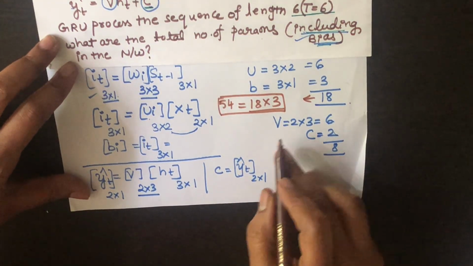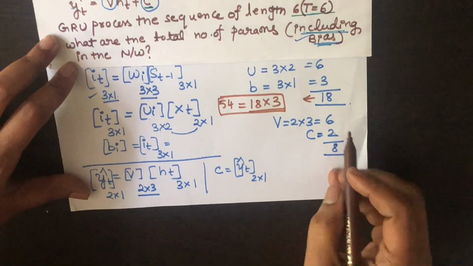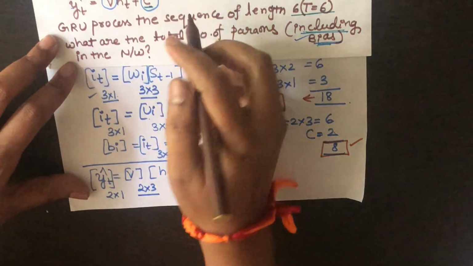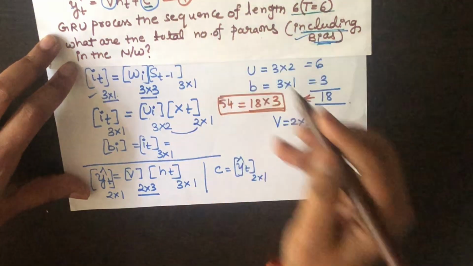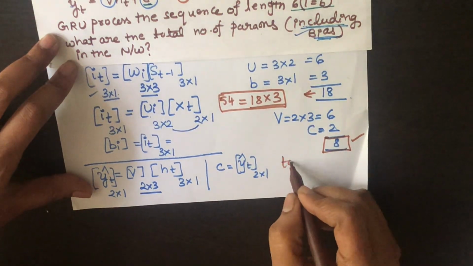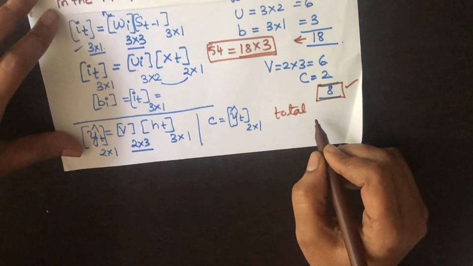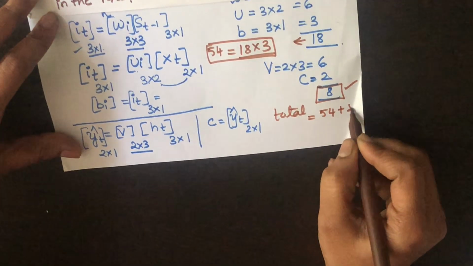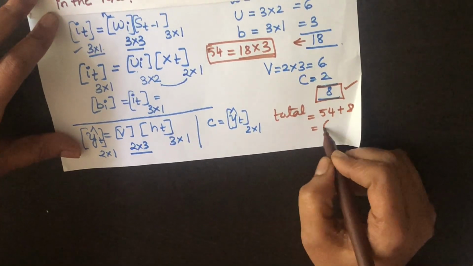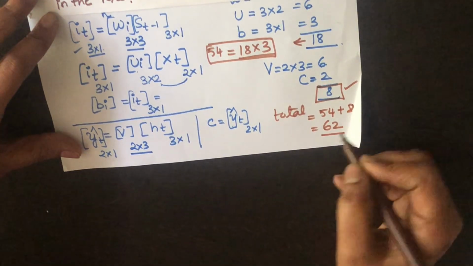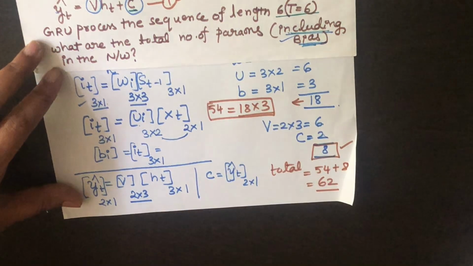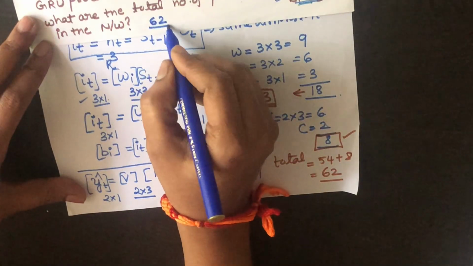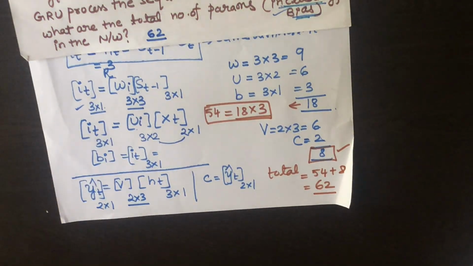And the output equation is only one equation, with 8. So add the total parameters: 54 plus 8 equals 62, including bias. So the answer for this question is 62, the total number of parameters including bias.